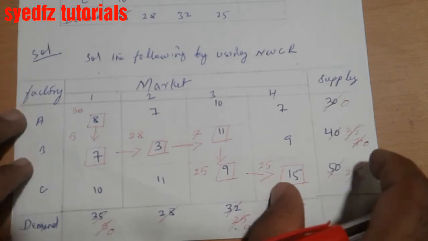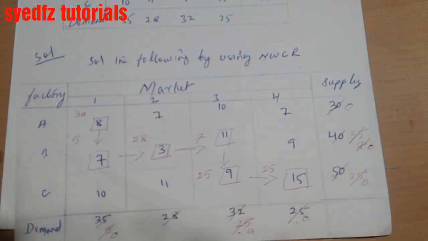Now the calculation process. Because we have assigned, now we have to calculate the profit. How can we calculate the profit? Here is the calculation of profit.